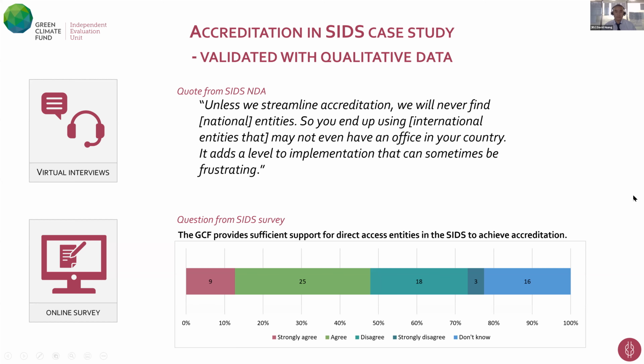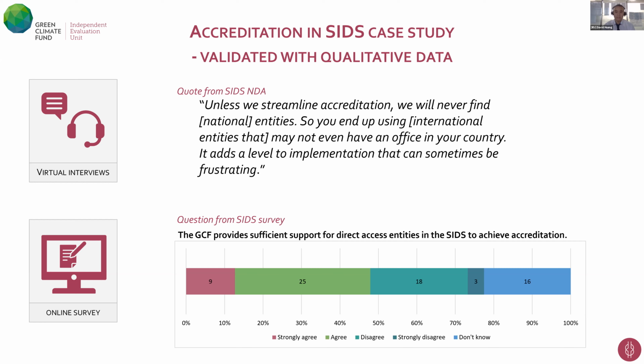And the next piece of qualitative data we have is the results of a FIDS survey question, which asked whether the GCF provides sufficient support for direct access entities in the FIDS to achieve accreditation. Now, less than 50% of respondents agreed with it.